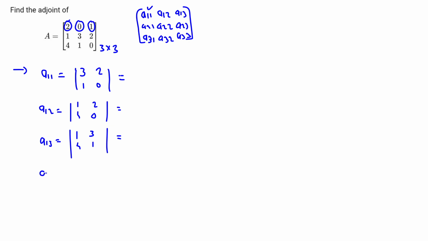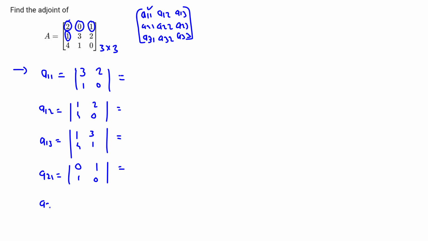Then I am finding A21. Initially I am writing the determinants of all cofactors, and then I'm going to simplify them. A21 means this point 1. This point lies in the second row, first column. So the remaining 4 points are 0, 1, 1, 0.